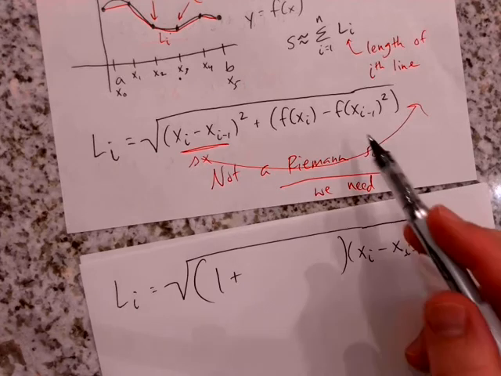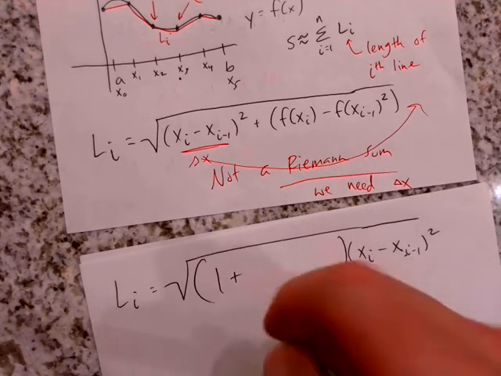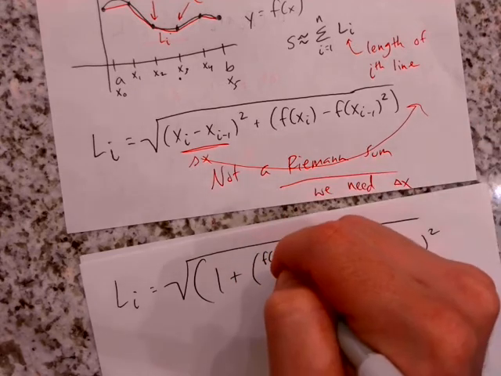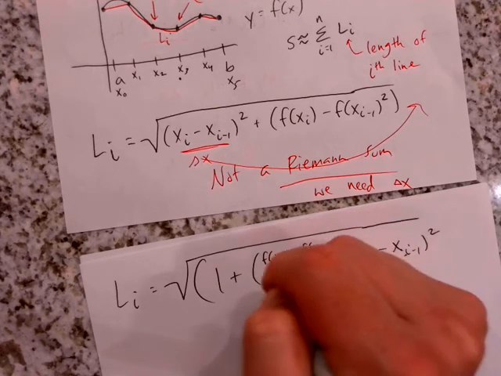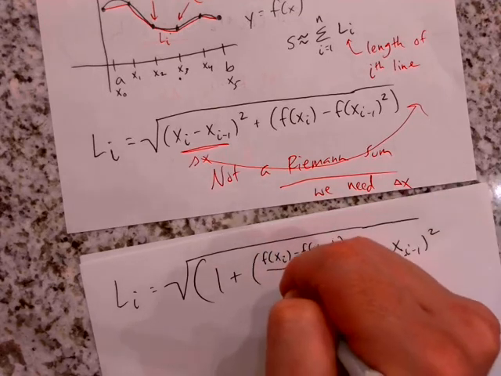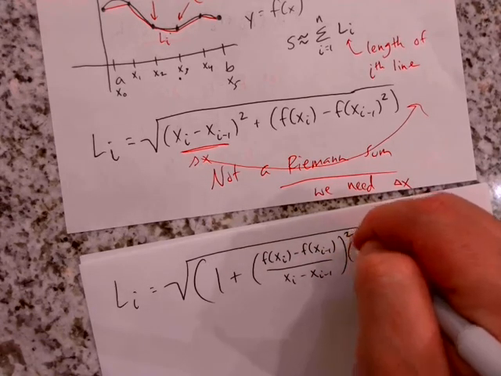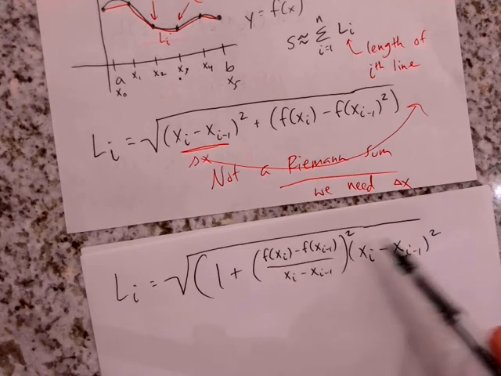When we factor this out of the second, well, factoring is division, so we divide it out of that, and it gives us this expression right here. The change in the function over the change in the x value squared. And if you're unsure if that works, just multiply it back in. When you multiply this back in there, those two cancel out and you're left with what you started with.